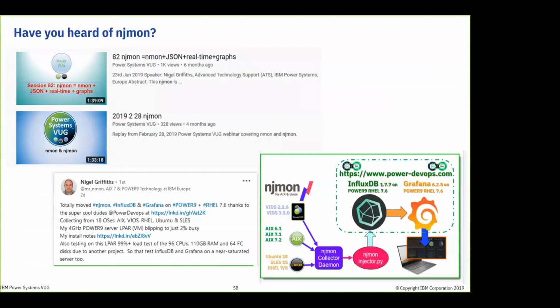Now, I'm guessing that most of you may have heard of njmon, but if you haven't, I'd hope that you've heard of nmon. And njmon is Nigel's new version of nmon, and he's got various Python-based facilities for collecting and injecting into various databases. His particular choice at the moment is InfluxDB.